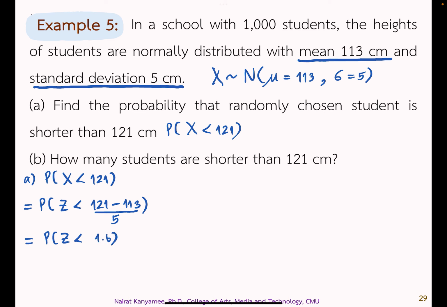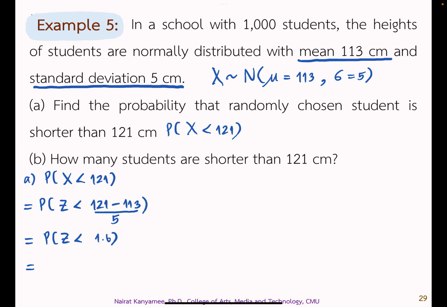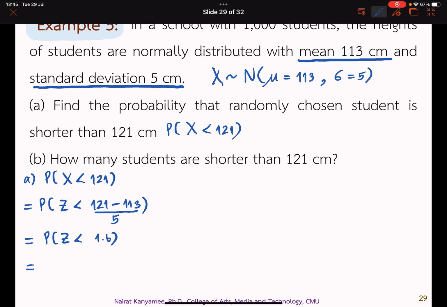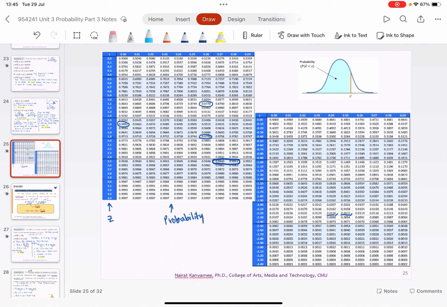Open up the table. 1.6, we did that before. 1.6 is here, 9452.